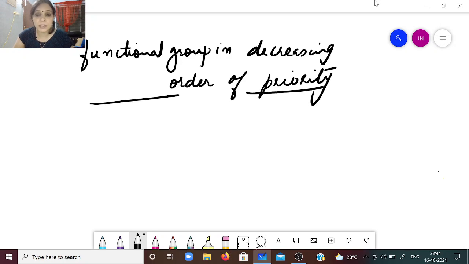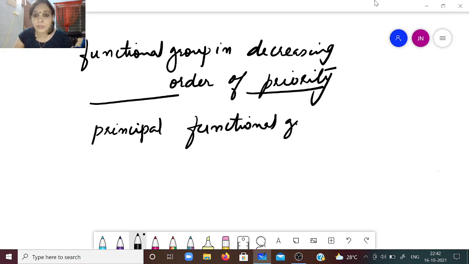Before going to this part, I would like to tell you functional groups are of two types. One is the principal functional group, and the other one is the subordinate functional group.